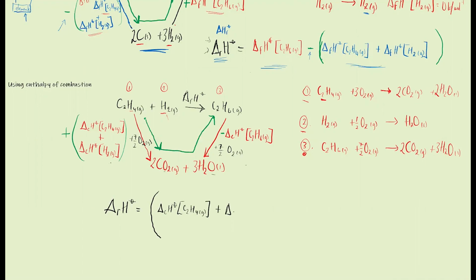Plus the enthalpy of combustion of ethene plus the enthalpy of combustion of hydrogen gas. Close those brackets, it makes no difference really, but again, doing it for consistency as we did above. Minus the enthalpy of combustion of ethane.